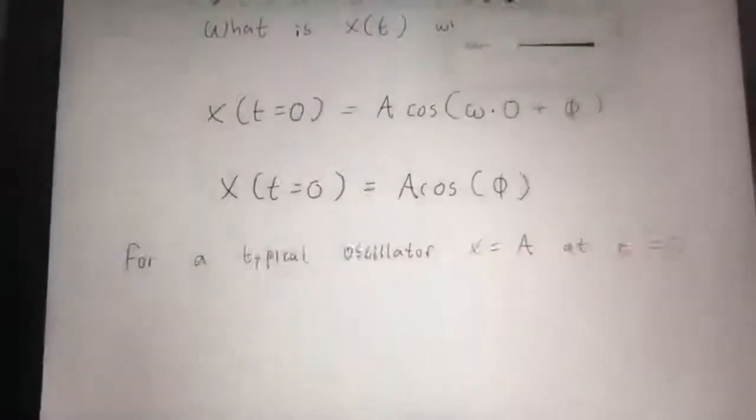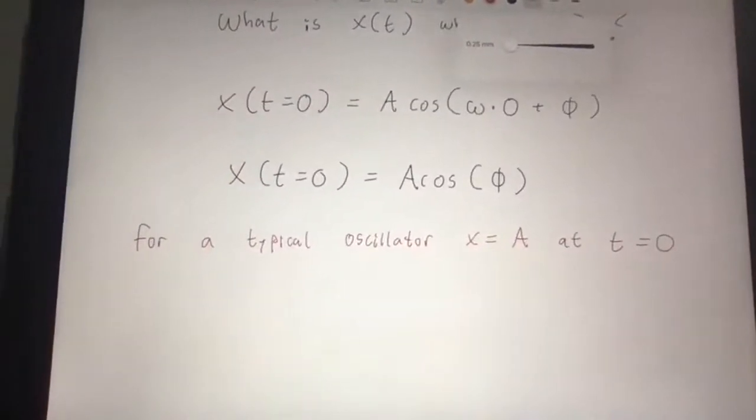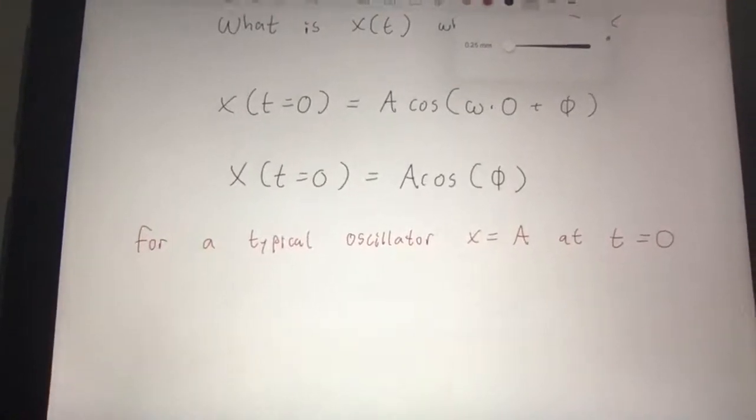So for a typical oscillator, x equals a at t equals 0 seconds, because a typical oscillator starts at full amplitude. You pull the spring and you let it go.